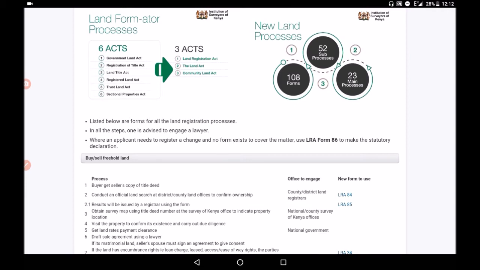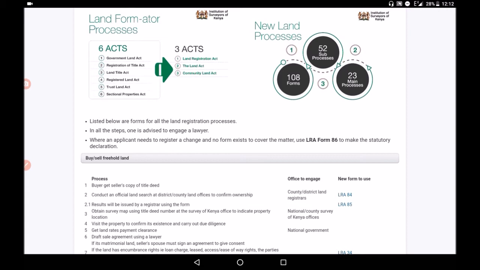So what are the processes? Number 1, we have 108 forms that deal with land. There are also 52 sub processes and 23 main processes.